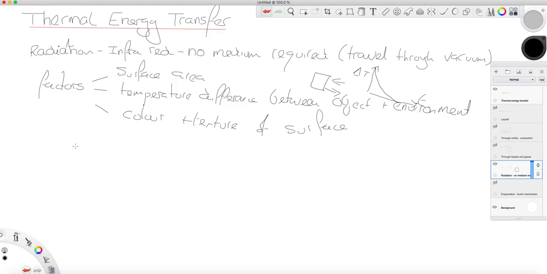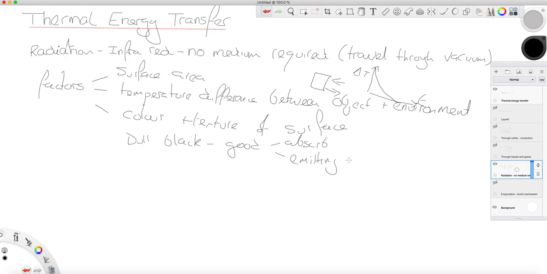Dull black surfaces are good at absorbing and emitting. So if you want something to cool down quickly, like for example the heatsink in a computer, like for example the radiator in a car, like for example a wood burner that you might have in your living room, paint it dull black.